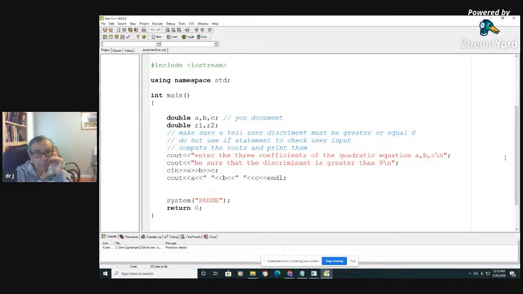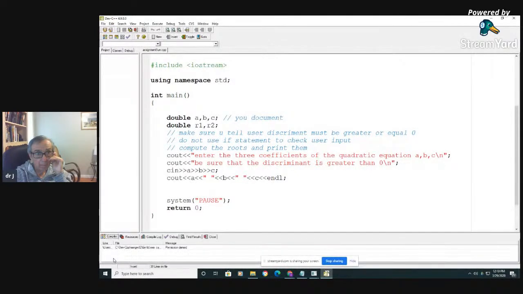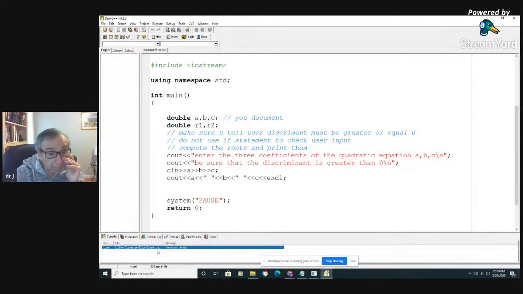Very strange. Very strange. Cannot open input file C. Can't read this. Cannot open input file C.